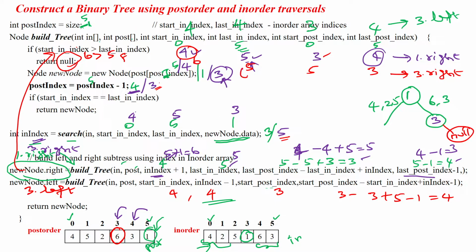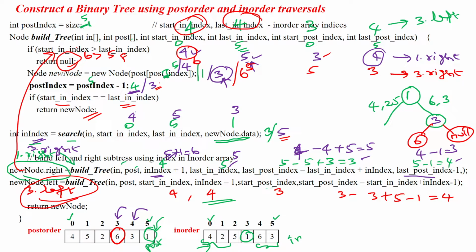The 6 is the new node, that will be attached here. Starting index is 4, last index is 4. So now that is returning the new node. So new node is 6, so 6 will be attached as a 3 dot left. So now for 3, the 6 is attached as a left node.